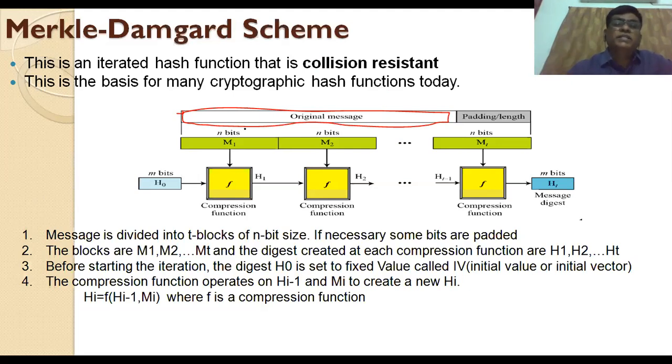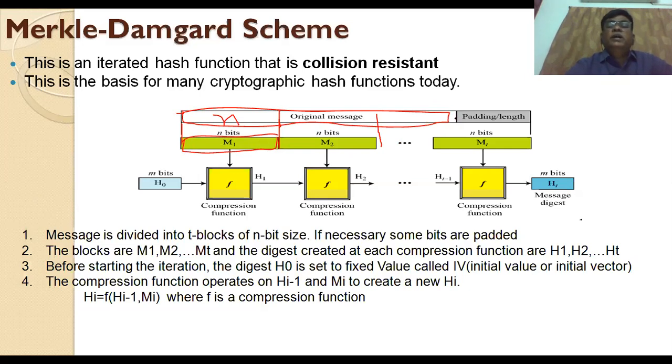For example, M1: the first n bits are block 1. M1 is the first block of the original message with n bits size. M2 is the second block of the message with the same size, n bits. M2 is another block and M3 is another block.